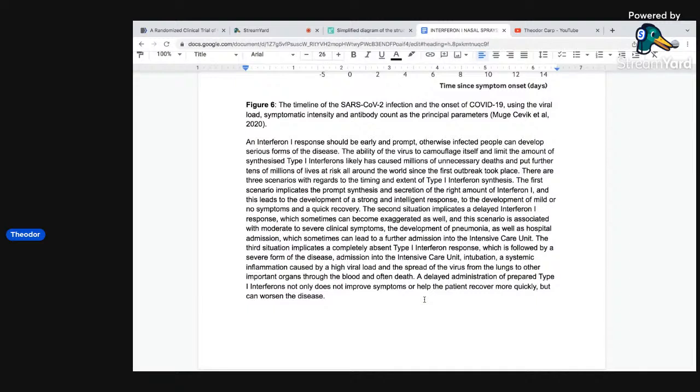It affects more organs. The viral load is so high that viruses cross into the blood, causing viremia, and systemic inflammation likely will occur.